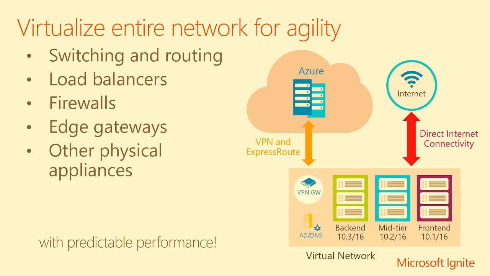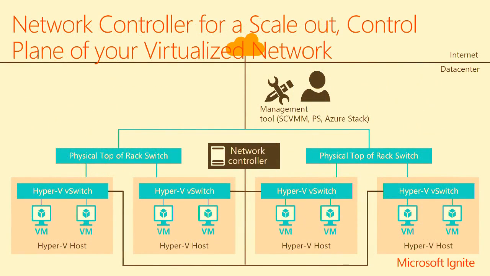That way you can have the same access controls, and you can have firewalls, load balancers, everything you have in Azure, brought into your data center. How is this all possible? Basically through the network controller, which is where your management happens, either through SCVMM or PowerShell. Or, I also have a session on Azure Stack on Friday.